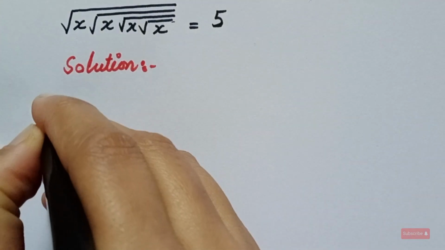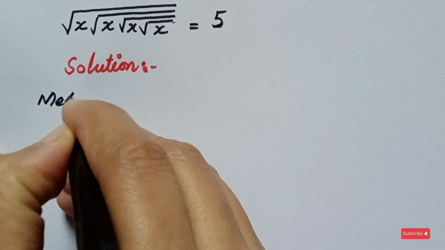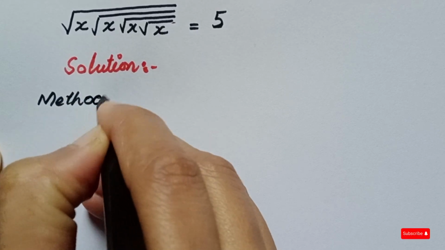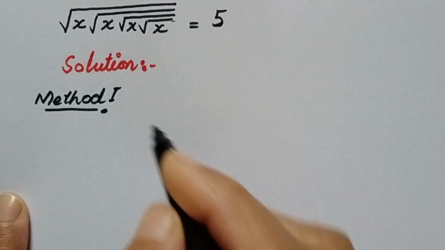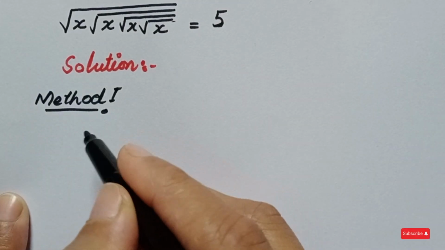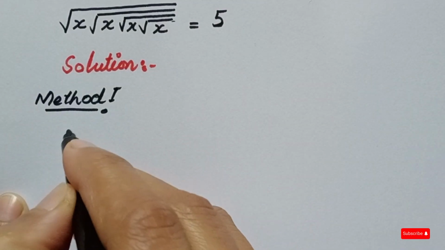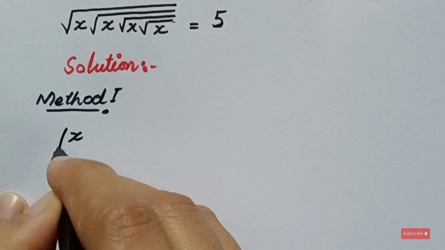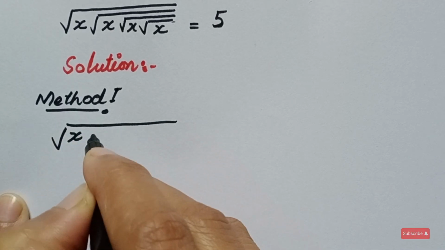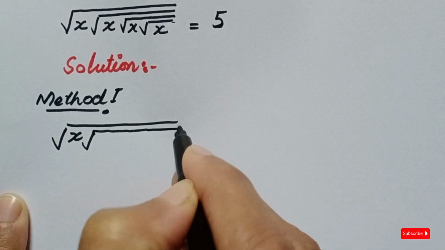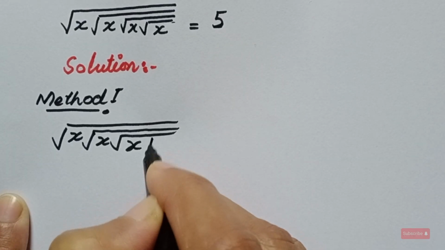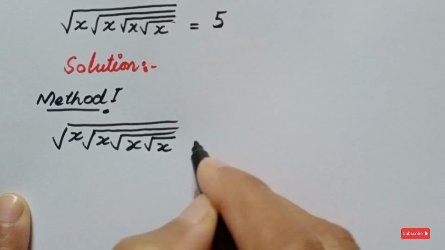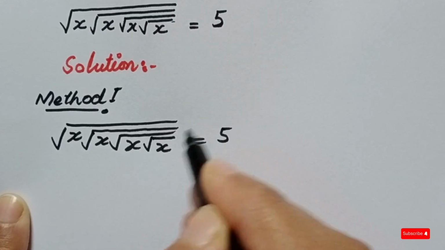For the first method, we will write this statement as root x times root x times root x times root x is equal to 5.